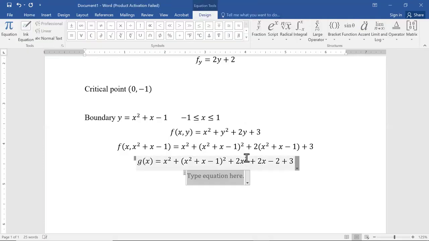Combining like terms, my g of x, a little bit more simplified, is 3x squared plus 2x plus 1, and then plus my thing in parentheses.